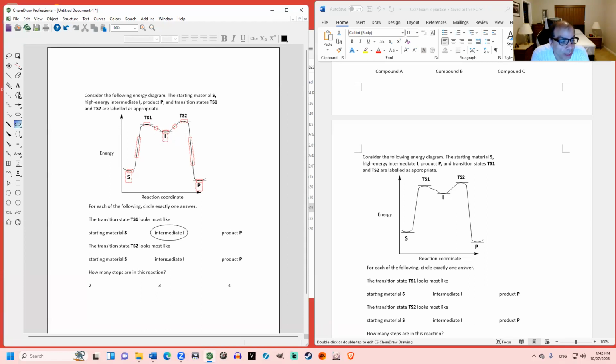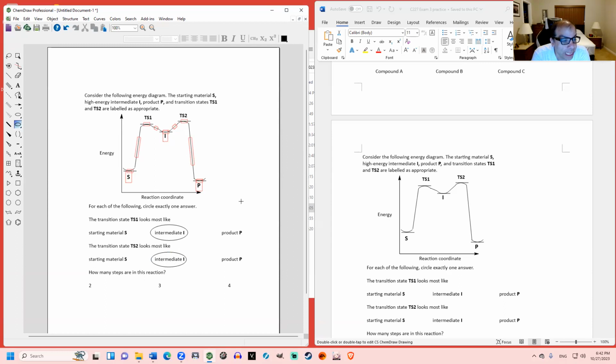That means it looks more like the intermediate than either the starting material or the product. But remember, you always need to look at the transition state and find the two species that are immediately surrounding it. That's what you need to look at when you're asked about Hammond's postulate. And I don't think I can state it more simply than that.